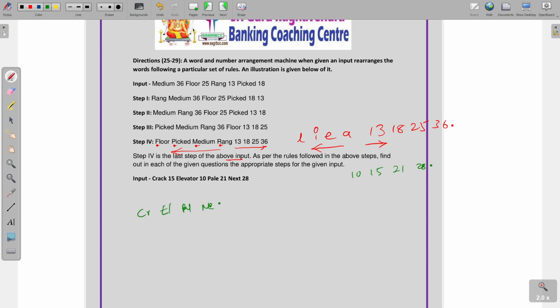The first one is pale, where the second letter is A. Before pale, the next letter is E, that is next. Then what is the next one? Elevator and then crack. These are the words arranged in descending English alphabetical order: pale, next, EL and CR. It is the final step of the input.